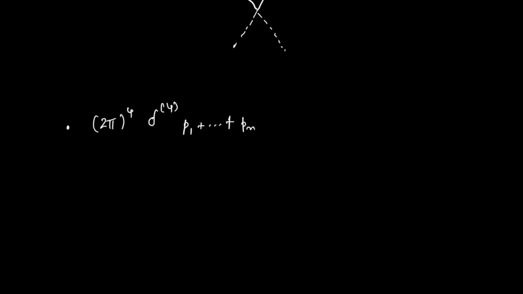The n-point function in momentum space is given by 2 pi to the power 4 Dirac delta of P1 up to Pn, times Gn of P1 up to Pn.